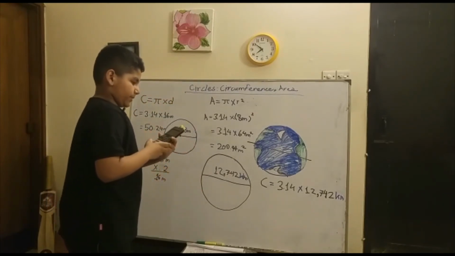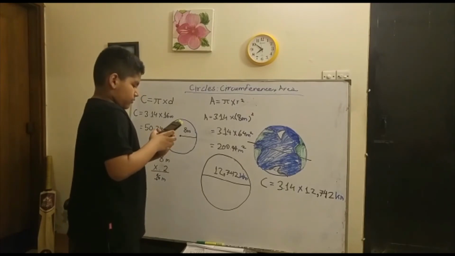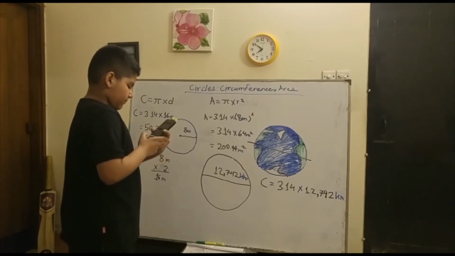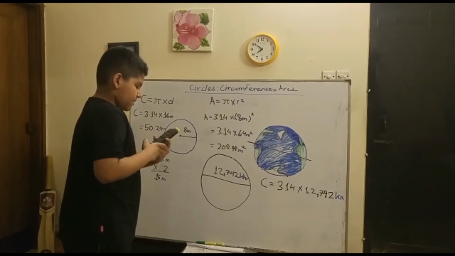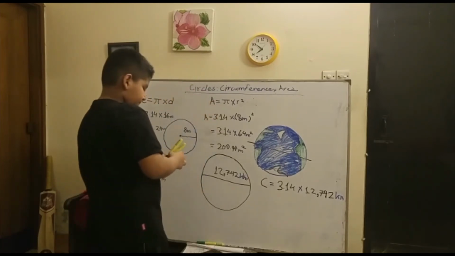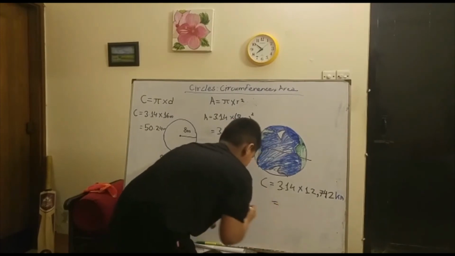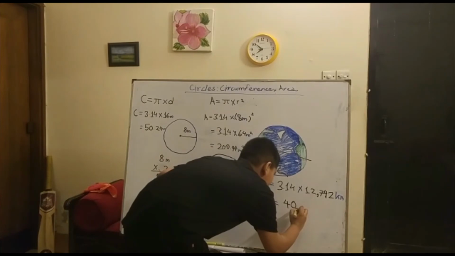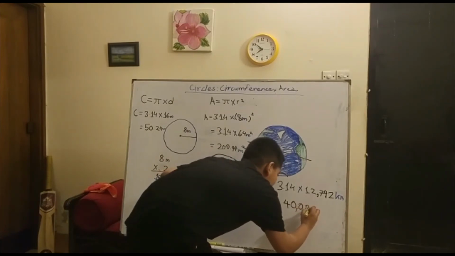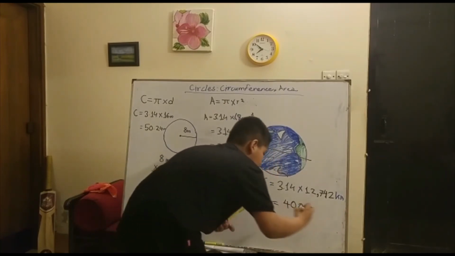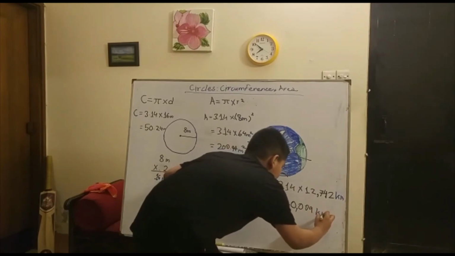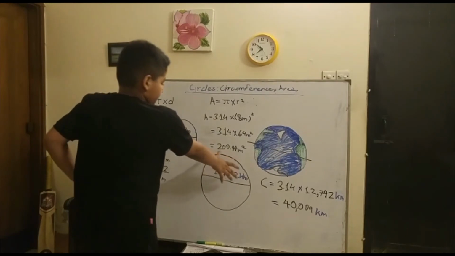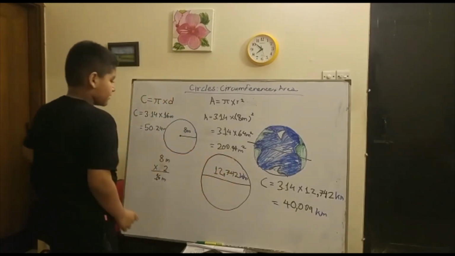Calculators are really important when we come to this stuff. And we get a value of 40,009 kilometers. See, that's huge if you say the outer boundaries.